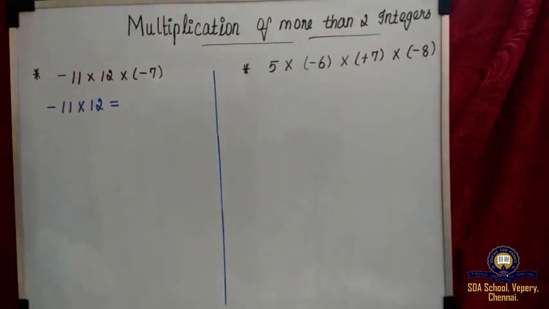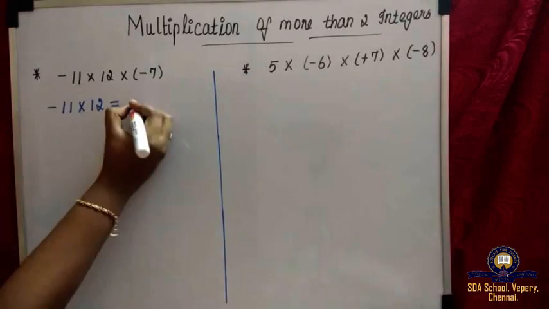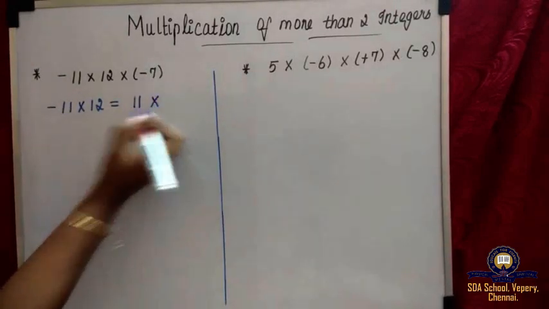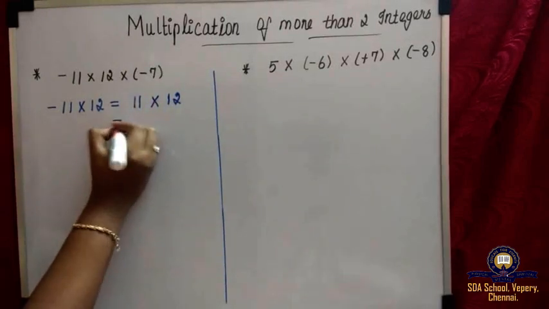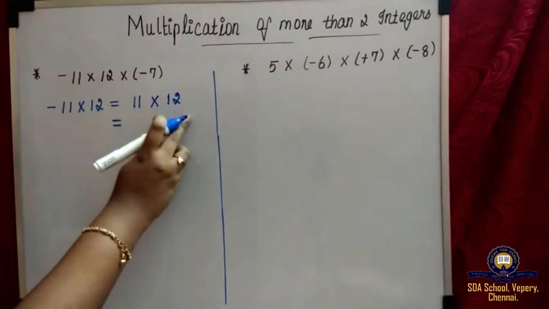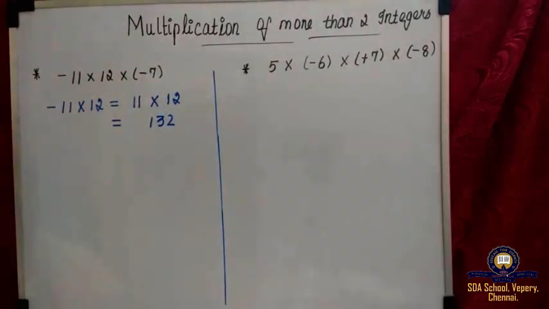We first find the absolute values and multiply them. Absolute value of minus 11 is 11 and absolute value of 12 is 12. 11 into 12 is 132. Now we have to assign the sign.